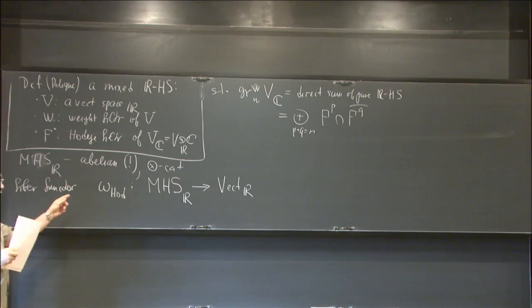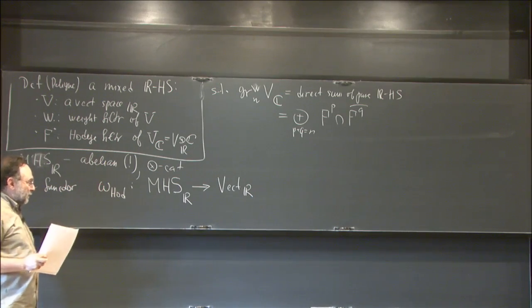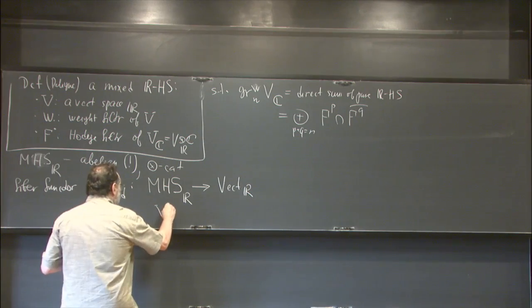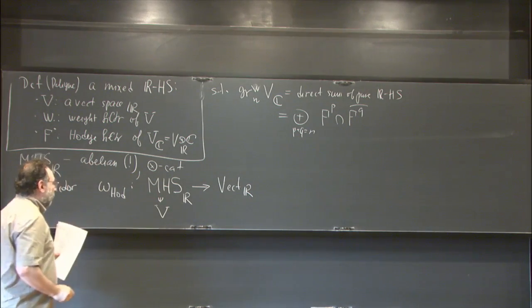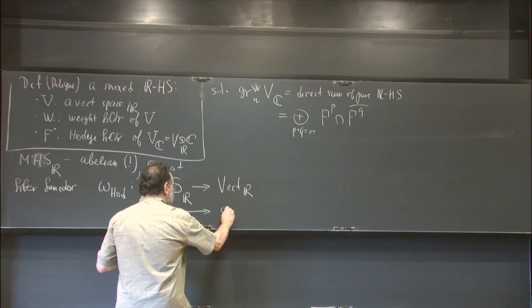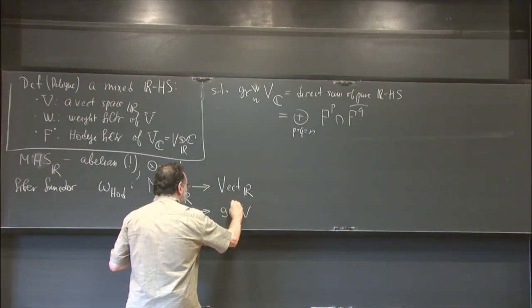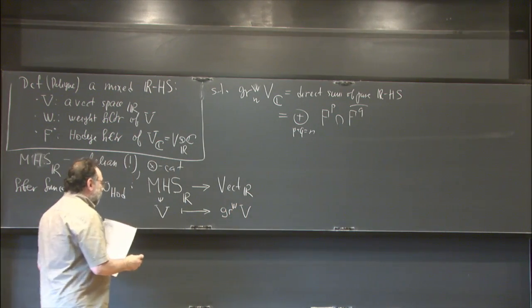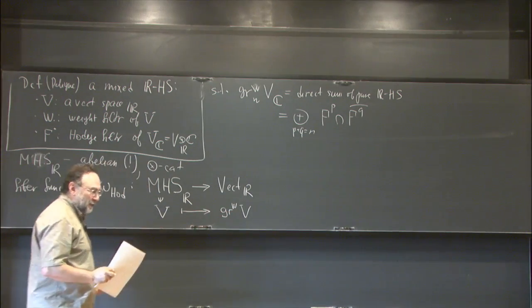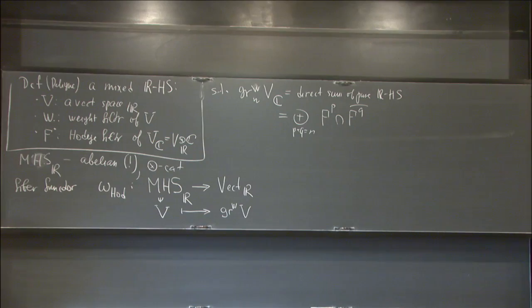The first one, not this one, is just take the underlying vector space. But I want the other one, which takes a mixed Hodge structure and associates to this another vector space, which is just the associated graded of the original V by the weight filtration. So it has a grading, but this is just a vector space, nothing else at the moment.